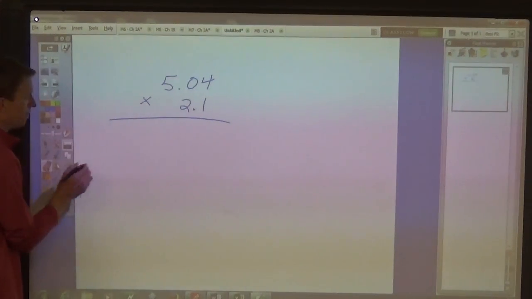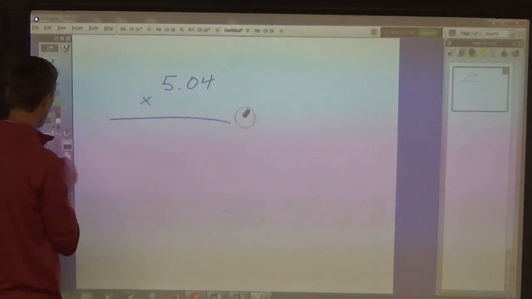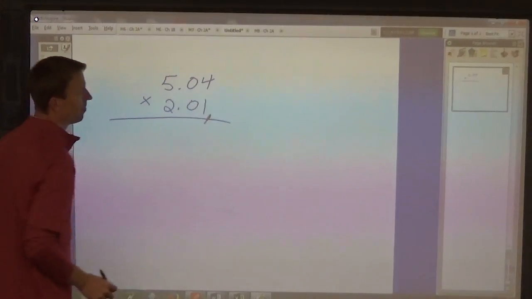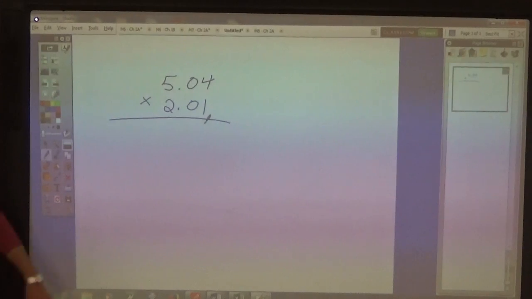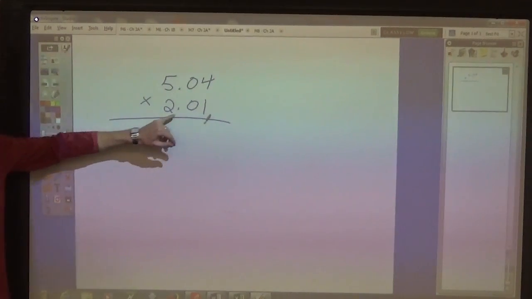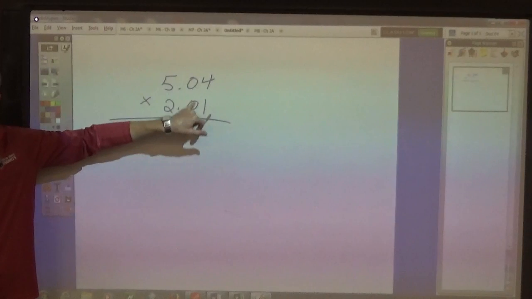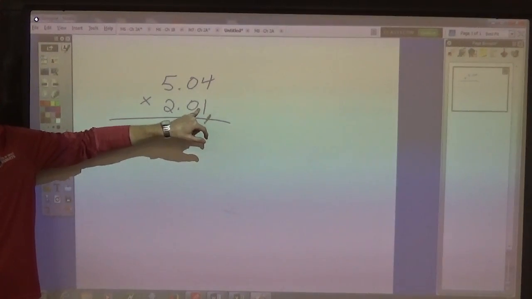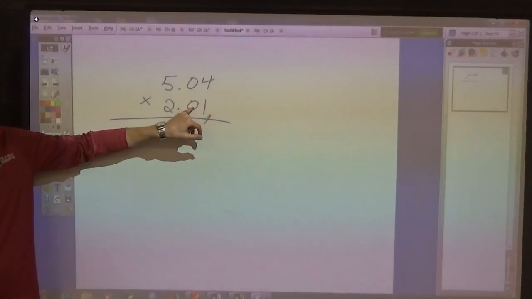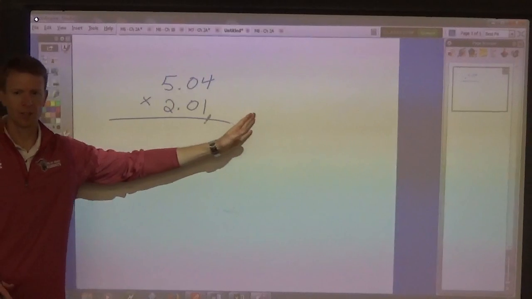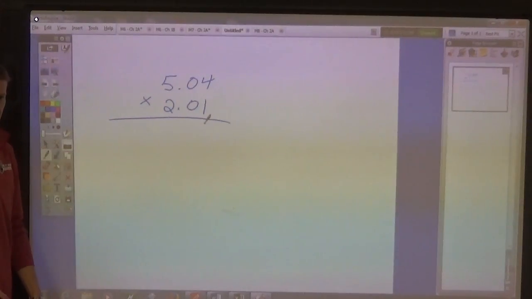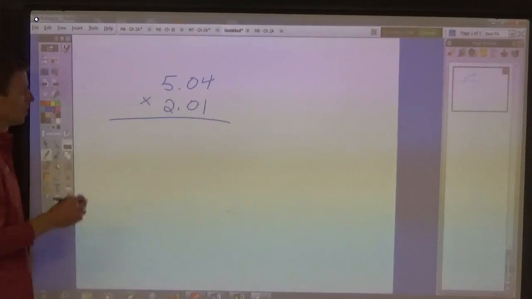Let me change this so that it's like this: 2.01. Okay? So now do we have to multiply with this 0? Yeah, you have to, that place is important here. Okay? It's not on the end of the number. This is an important place we have to work with.